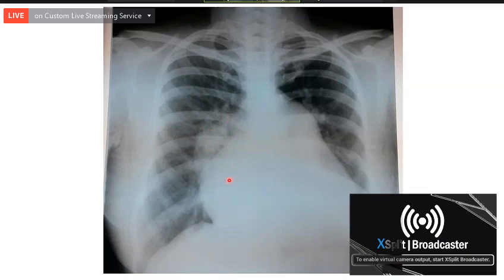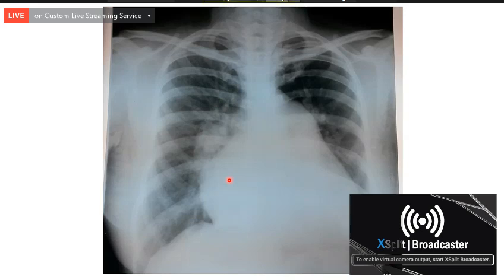What do you mean by peribronchial cuffing? Edema around the bronchus. Yes, there can be edema around the bronchus that will result in an increase in the size of the bronchus, when the bronchoarterial ratio increases.